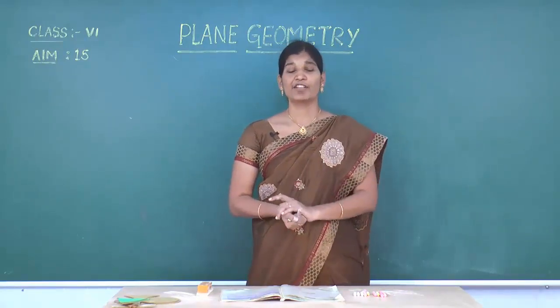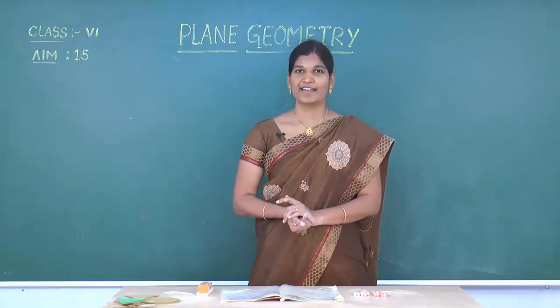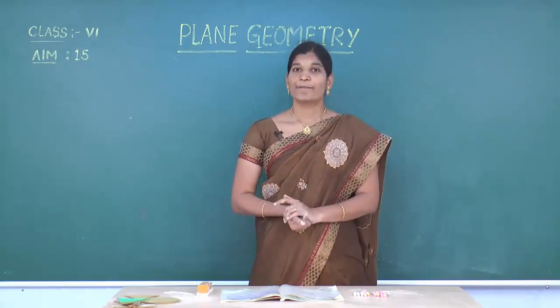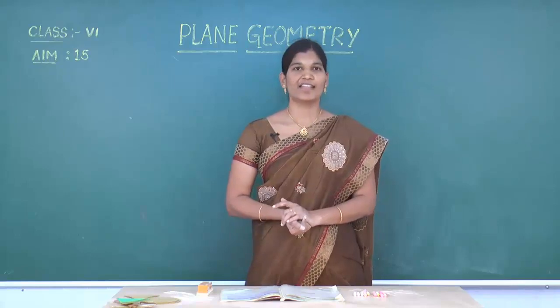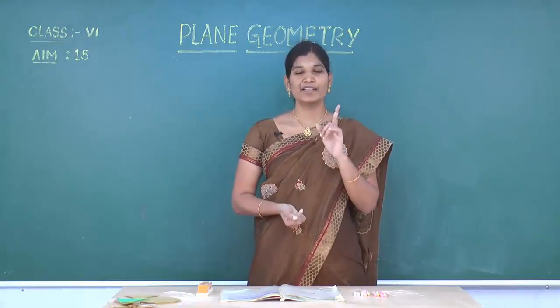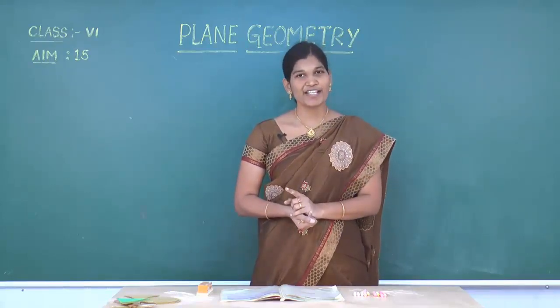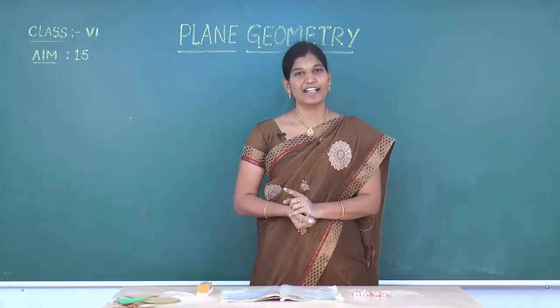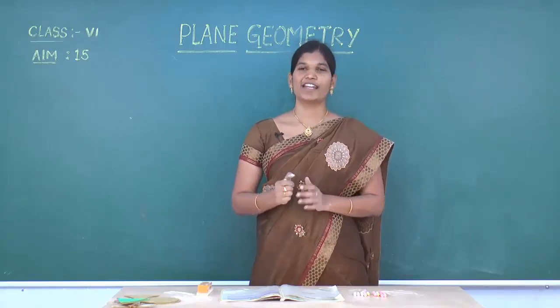This is a property of congruent figures, whether they are polygons, triangles, or whatever they are. First, their corresponding sides are equal and corresponding angles are also equal.